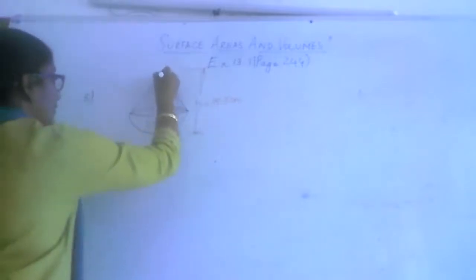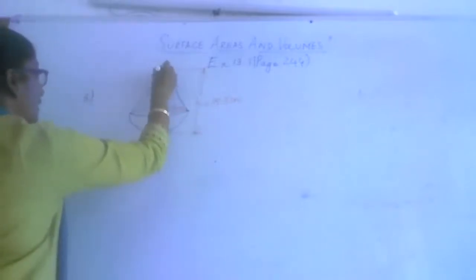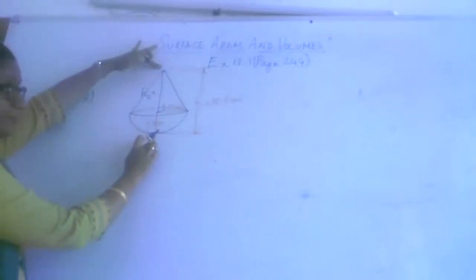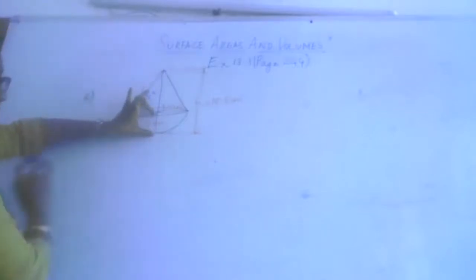Okay. So from this 15.5 and the 3.5, can you go and find out what will be the height of the cone? H suffix C I will write, the height of the cone. This distance totally is 15.5. This distance is 3.5.